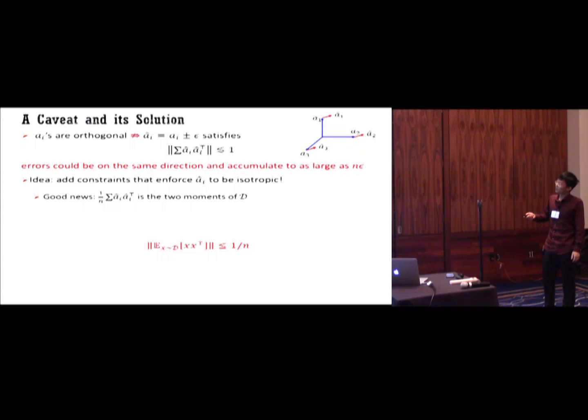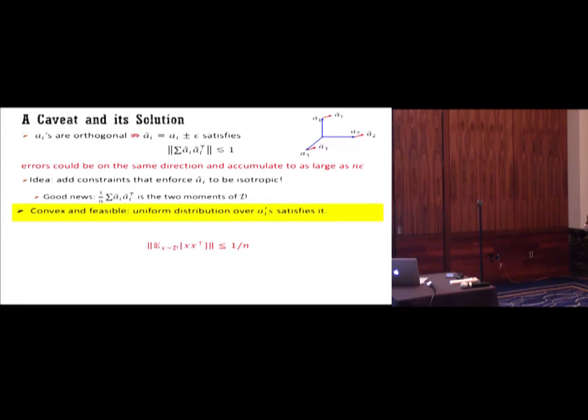So this suggests that we can add this additional constraint on this distribution D. We require that the covariance matrix of this distribution has spectral norm less than 1 over n. Let's do some sanity checks. First of all, this is a convex constraint, because the norm of anything being less than something is a convex constraint.